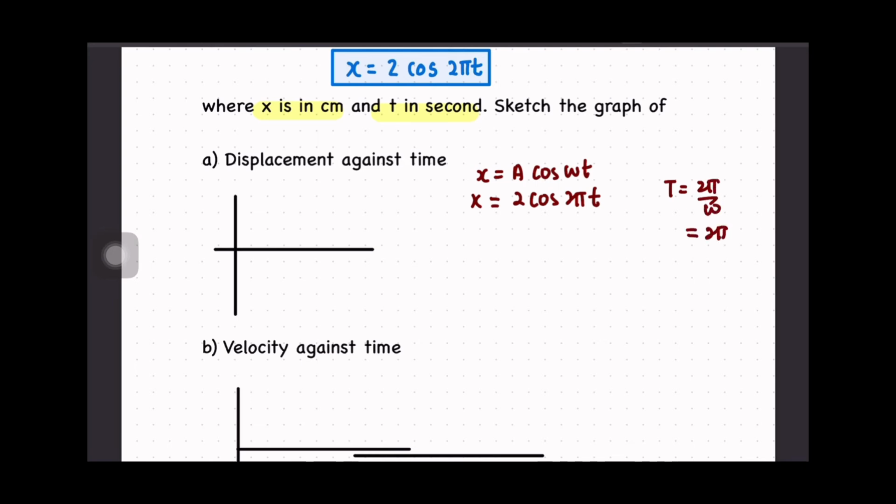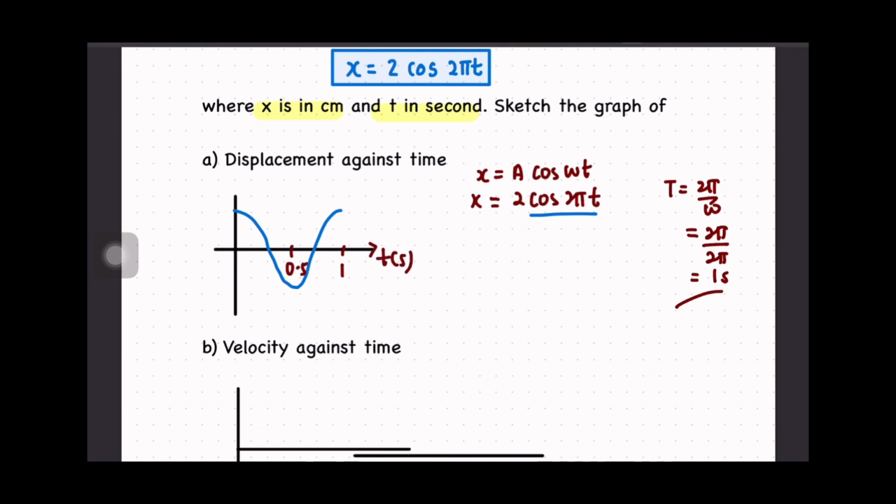So 2 pi divided by 2 pi, we get 1 second. So the period is 1 second. Now the function of this graph is cos, so you have to draw a positive cos graph. Just simple like this, so 1 second and 0.5 second.